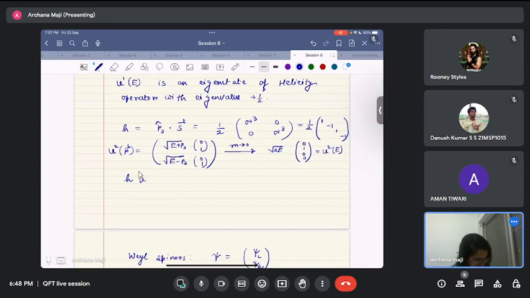So h acting on u2 will be minus half, because you can see there is minus 1 here, the second element of the helicity operator, minus half. So therefore u2 is an eigenstate with eigenvalue minus half.